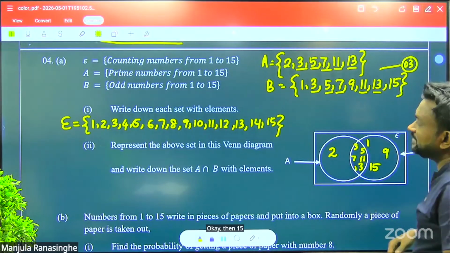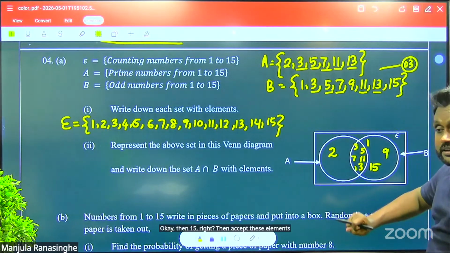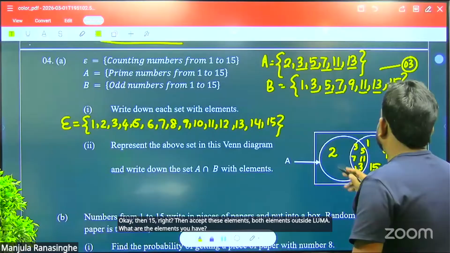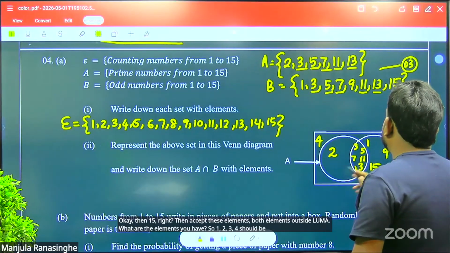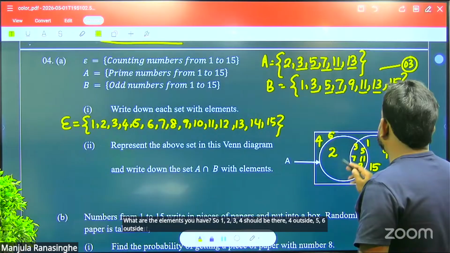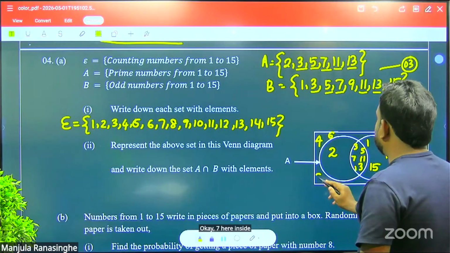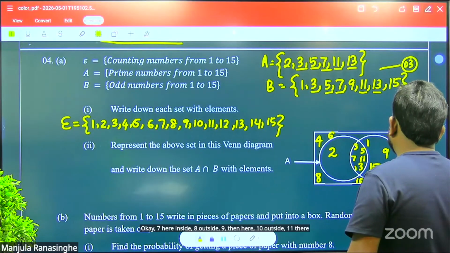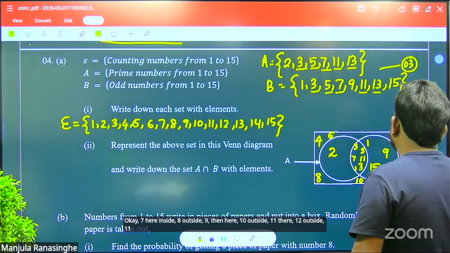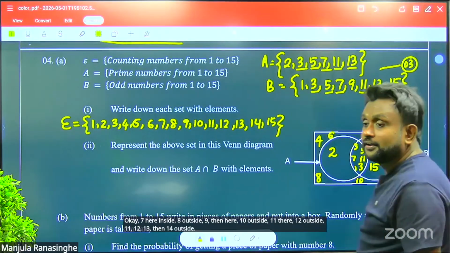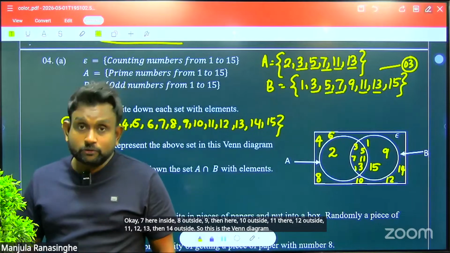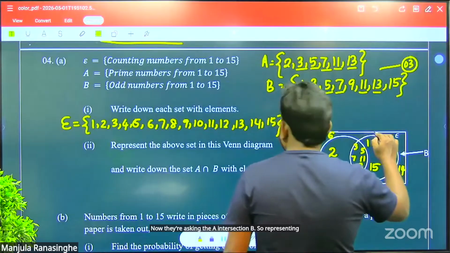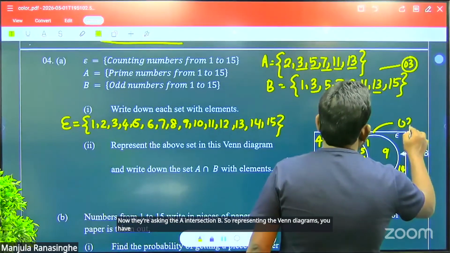Then except these elements, outside you mark the elements you have: 4 outside, 6 outside, 8 outside, 10 outside, 12 outside, 14 outside. So this is the Venn diagram. Now they are asking for A intersection B. So for representing the Venn diagram, you have 2 marks here.